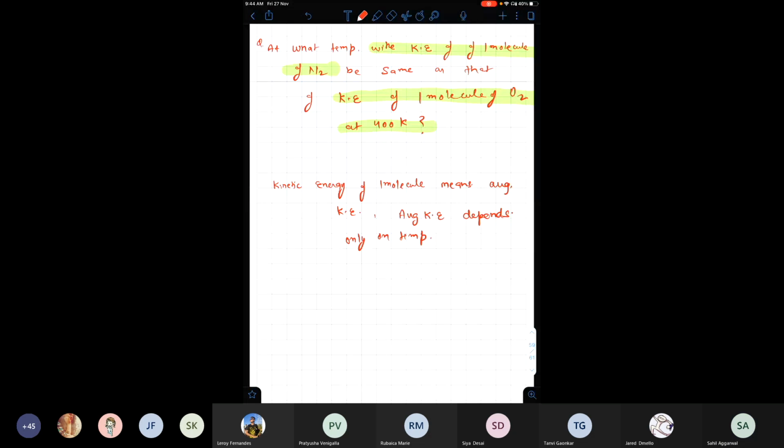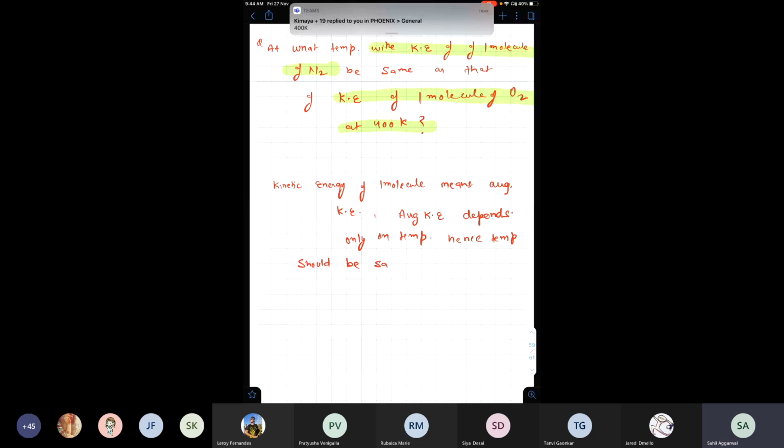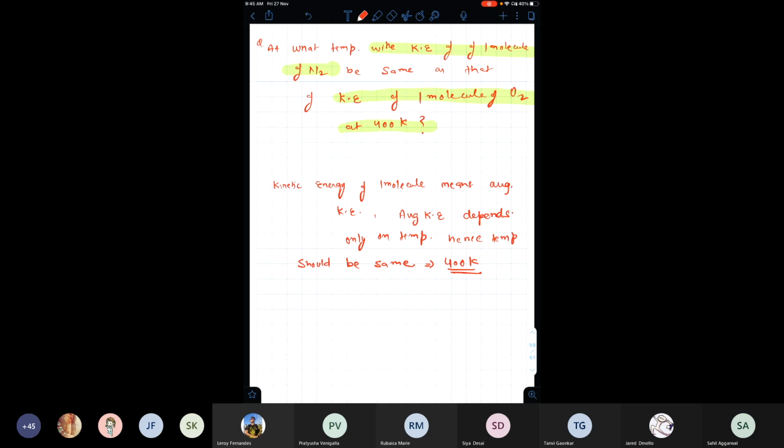Hence, temperature should be same. थ्योरेटिकल क्वेश्चन था, न्यूमेरिकल नहीं था. पूजा. ओके पूजा, ये थ्योरेटिकल क्वेश्चन था. एवरेज काइनेटिक एनर्जी मास पर डिपेंड नहीं करती, मोल्स पर डिपेंड नहीं करती, इट डिपेंड्स ओनली ऑन टेम्परेचर.